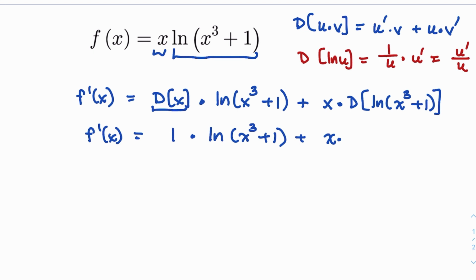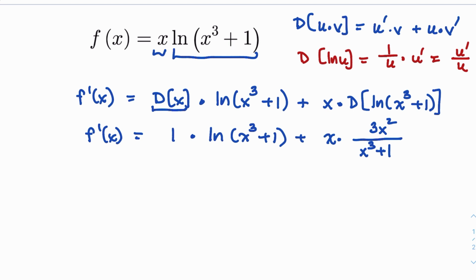So the derivative of natural log of x to the third plus 1, we know it's something over x to the third plus 1, and the derivative of x to the third plus 1 is 3x squared. So there's the derivative of that.